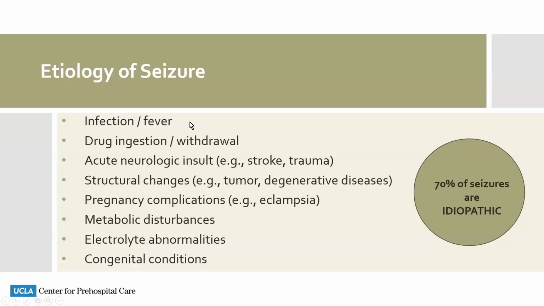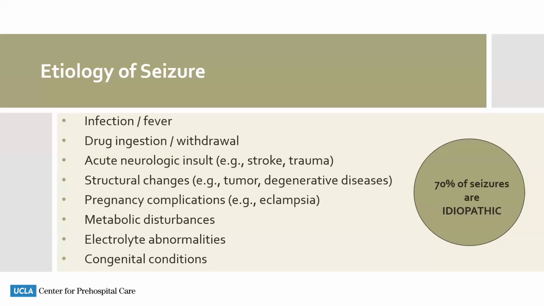Now, can you and I have a seizure, a first time seizure? Yes, we can. What are some causes? Well, it could be because I snorted too much cocaine, right? Or I'm withdrawing from some drug. What about a stroke? Ischemic stroke, hemorrhagic stroke, that can precipitate a seizure.